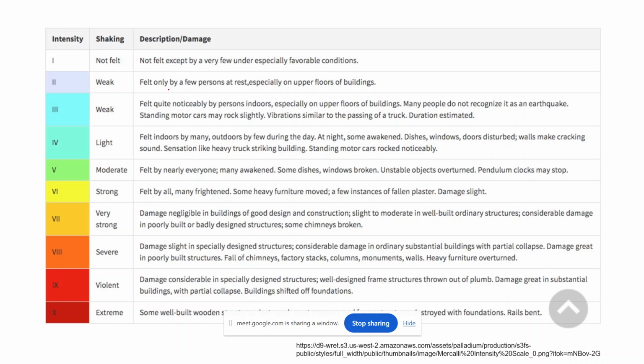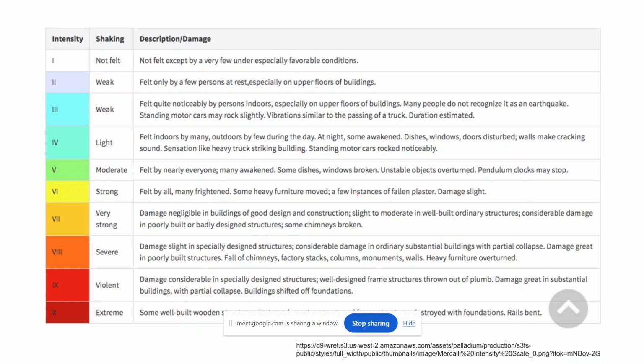That is what they're saying, felt only by a few persons at rest, especially on the upper floors of buildings. So not everyone might have felt it. Then as you go further, let's say in intensity scale of 6, that is felt by all. Everybody experienced it. Many got frightened. Some heavy furniture moved. A few instances of fallen plaster, and damage is slight.